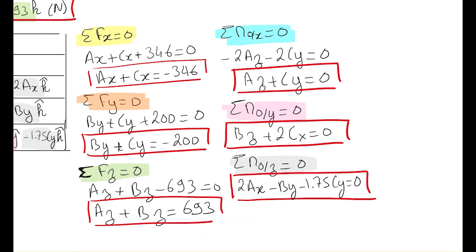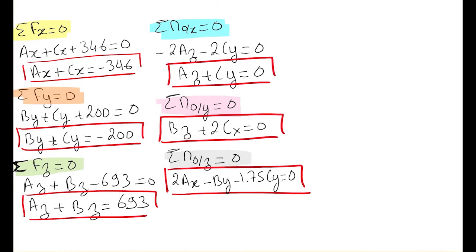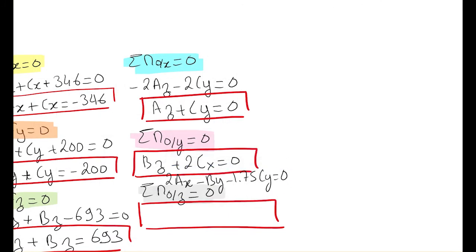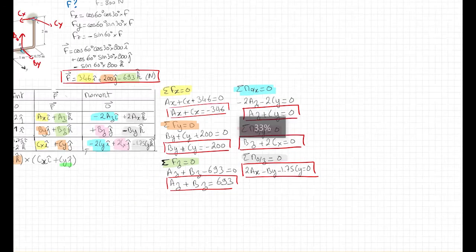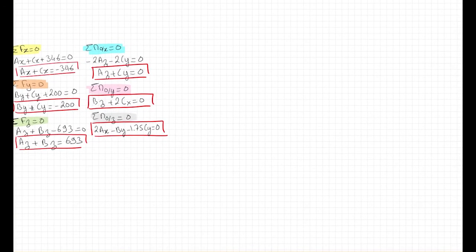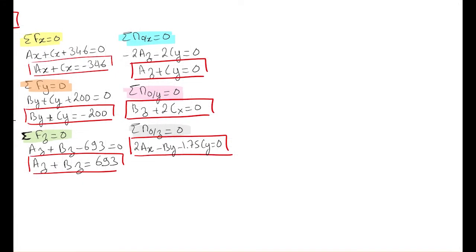Okay, we have these equations, 6 unknowns. We need a matrix to solve for that. So let me make it a little bit smaller, so we can write all our equations. Too small, otherwise you cannot see.